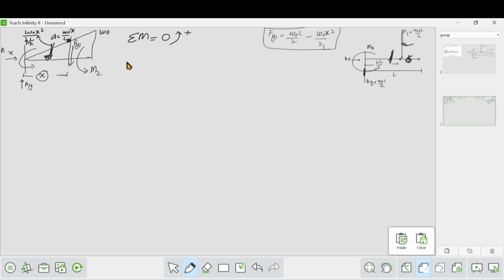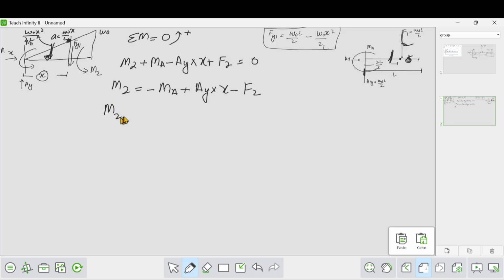So M2 is anticlockwise, positive, MA is anticlockwise, and AY, which is clockwise, is negative AY multiplied by X, this length is X, and F2 is also anticlockwise, so it is positive, equal to 0. So we are finding M2: M2 will equal negative MA positive AY into X negative F2.